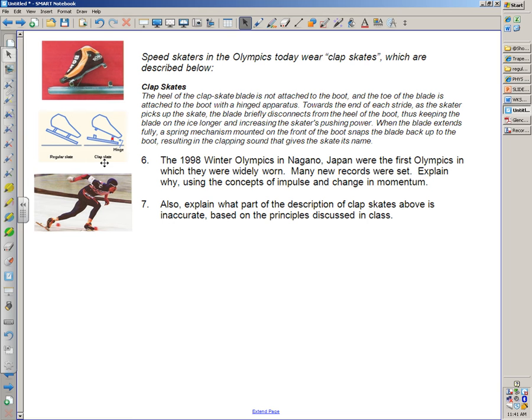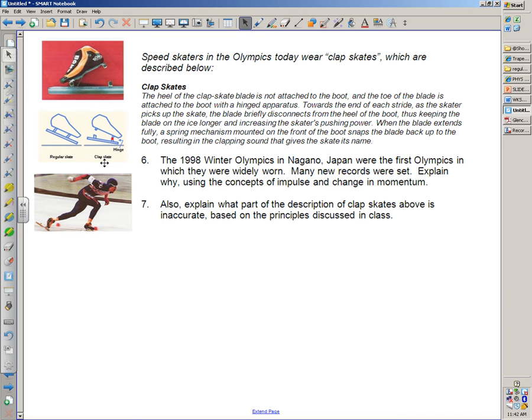So, the Olympic Committee allowed the speed skaters to start wearing different kinds of skates. And as you can see from the picture up in the top left, these skates actually have a little hinge on the toe, but the back part of the blade is not attached to the skate itself.